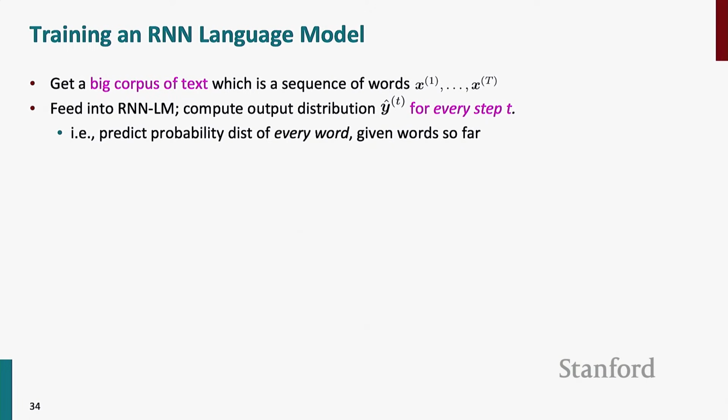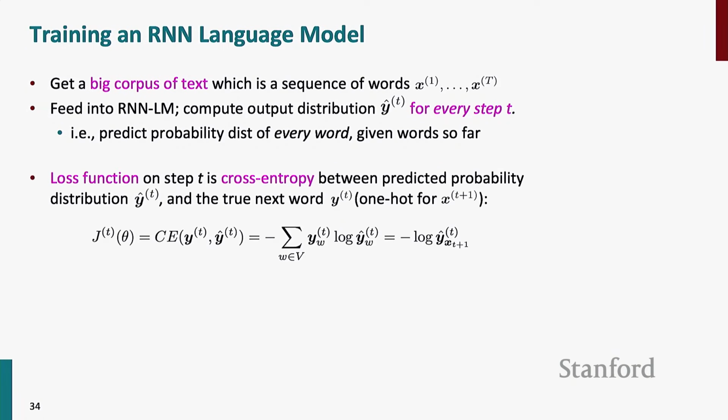And then there's going to be an actual next word, and we're going to use that as the basis of our loss. So our loss function is the cross entropy between the predicted probability and what the actual next word that we saw is, which again, as in the example I showed before, is just the negative log likelihood of the actual next word.